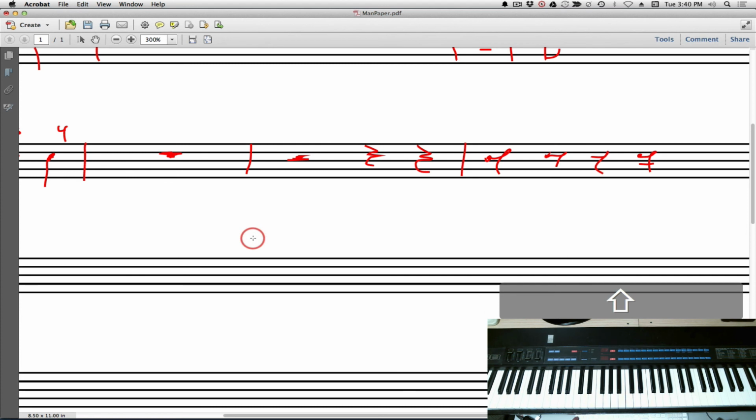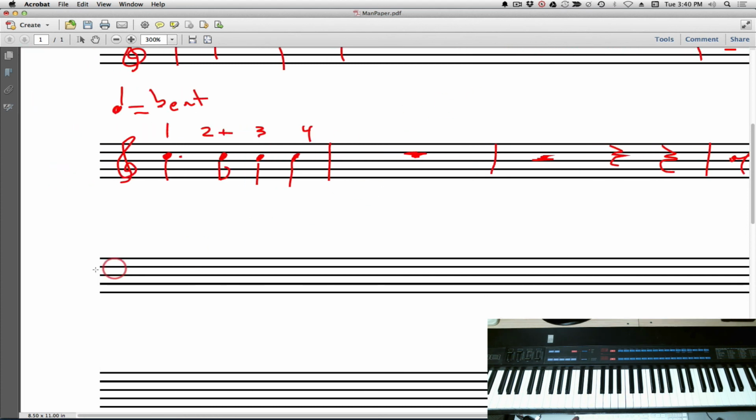So let's just do a quick rhythm here. And I'm going to do it in bass clef. There's a quarter note, not a very pretty quarter note. I'm going to do a rest. So here's the beat. 2, 3, 4, 1, rest. 3, 4, 1, 2, off.